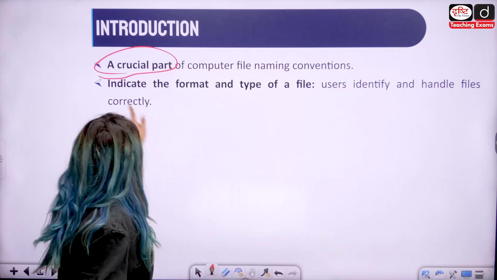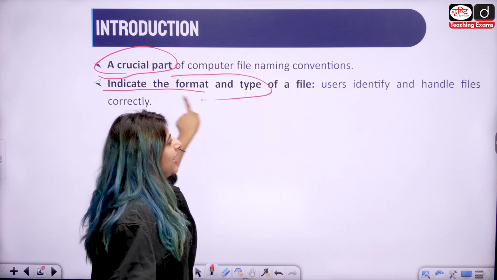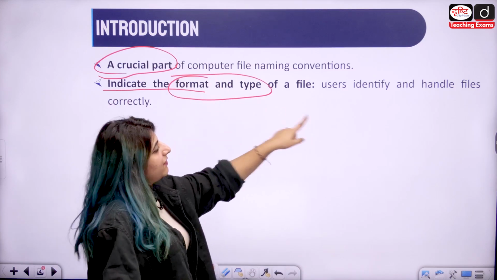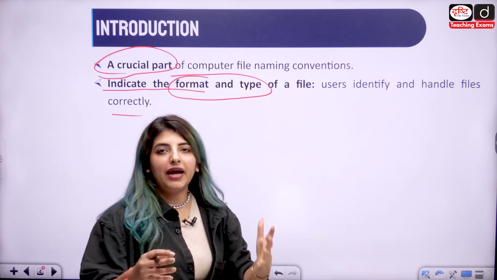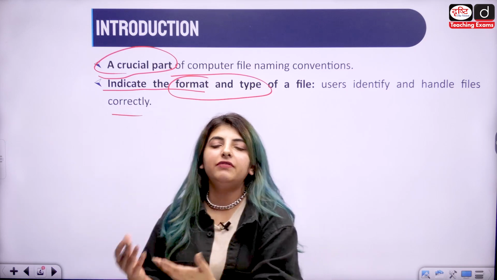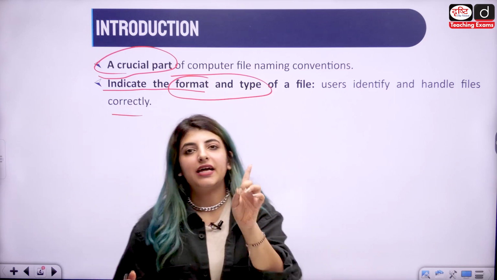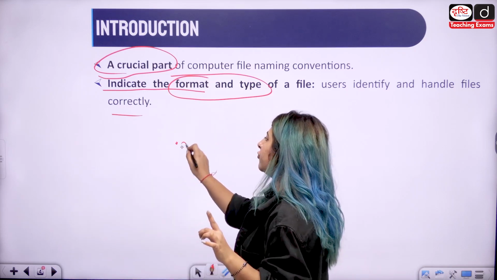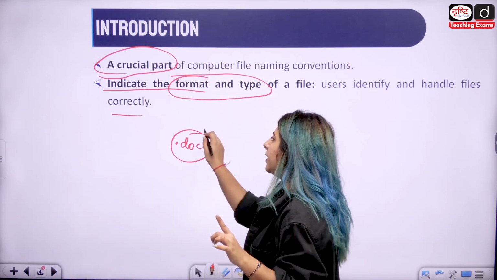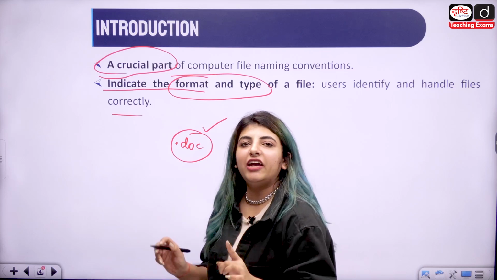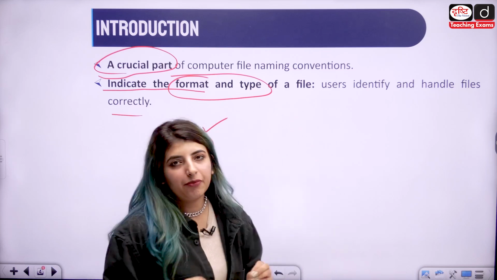Extensions indicate the format and type of a file, so users can identify and handle files correctly. If I have downloaded a file from the internet and it has the extension doc, I know with which application I am supposed to open it.